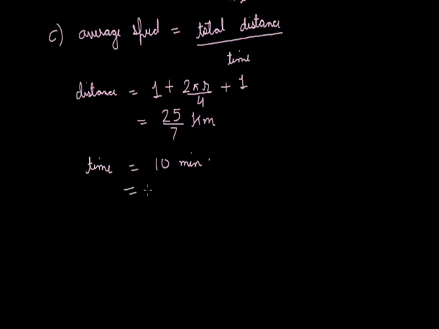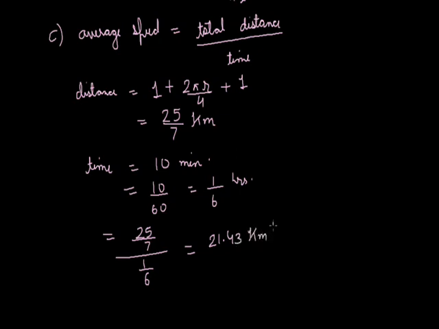Converting it into hours, we get 10 by 60, that is 1 by 6 hours. So the average speed will be 25 by 7 whole by 1 by 6, which is equal to 21.43 kilometers per hour. So this is the average speed of the cyclist.